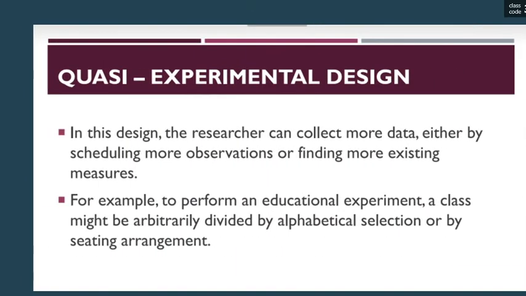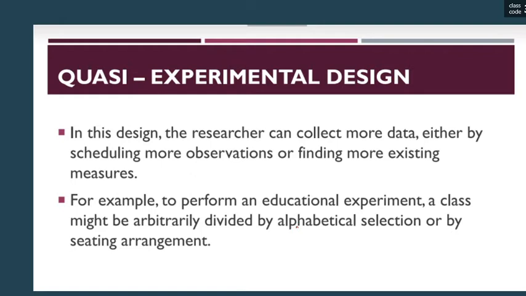Okay? So, we have quasi-experimental design naman. Dito, it was said that it is somewhat similar with true experimental design. Ano lang ang pagkakaiba nila? Dito kasi, meron siyang pattern. Meron siyang arrangement. Okay, for example, halimbawa, magpe-perform ka ng isang educational experiment and your class is divided, halimbawa, alphabetically.